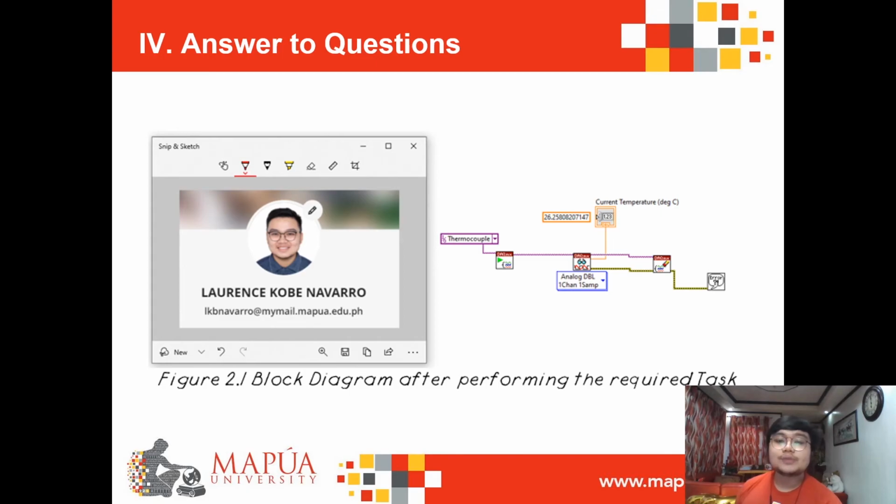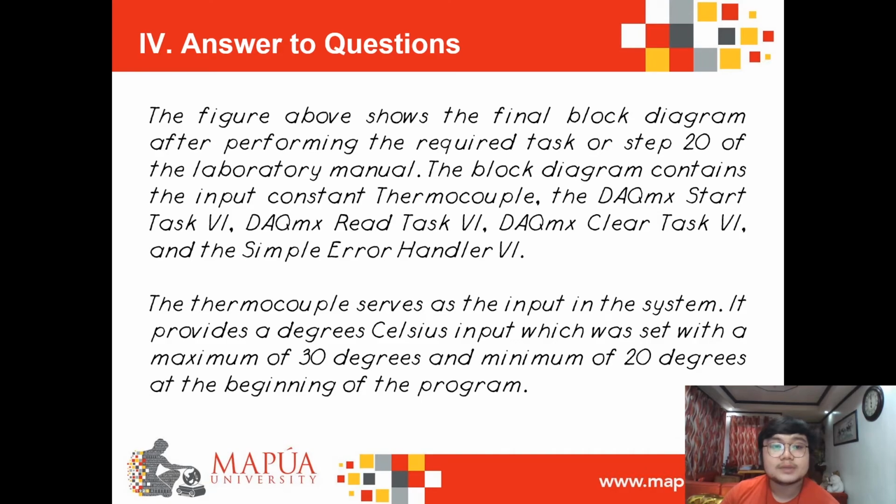So for figure 2.1, block diagram after performing the required task. This is the block diagram of the modified temperature VI. The figure above shows the final block diagram after performing the required task, or step 20 of the laboratory manual.